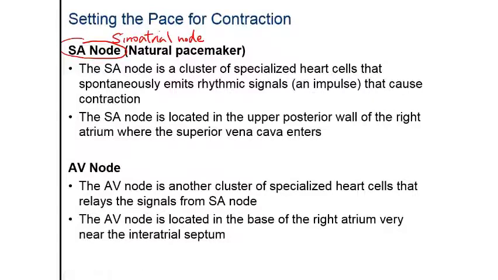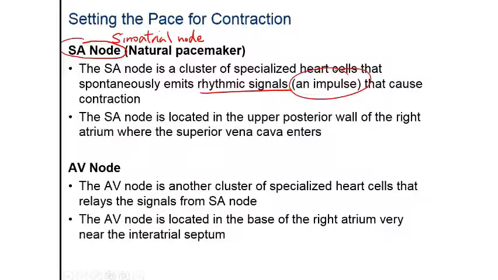They are responsible for spontaneously sending out rhythmical signals, known as impulses, that would be spread throughout the heart. And whenever these electrical signals get to a specific part of the heart, the chambers at those locations would contract. So the SA node is located at the right atrium where the superior vena cava comes in.